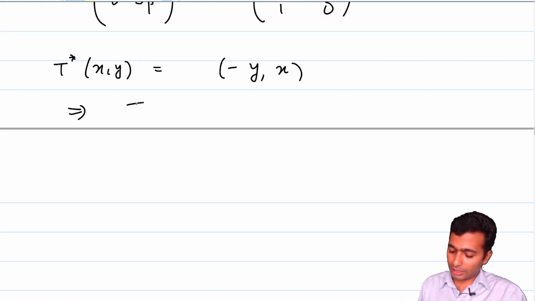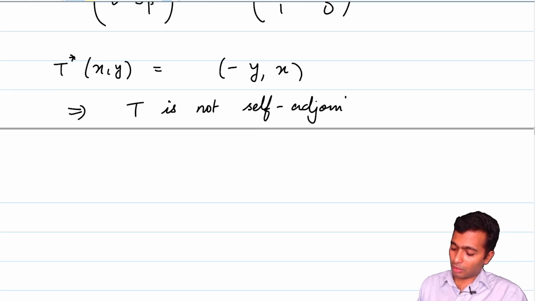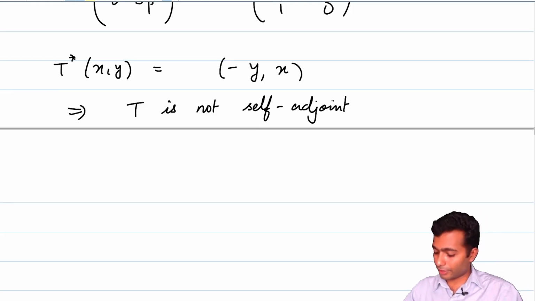This implies that T is not self-adjoint. So this immediately tells us that not all normal operators will be self-adjoint. T is not self-adjoint even though this is an example of a normal operator. The normal operator condition is weaker.